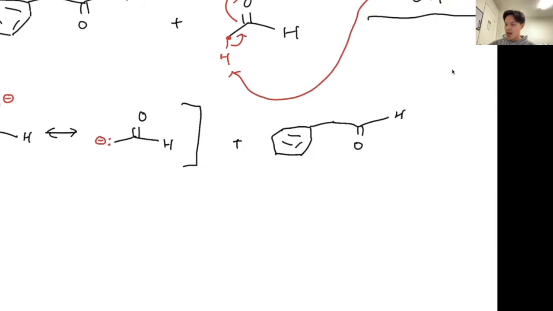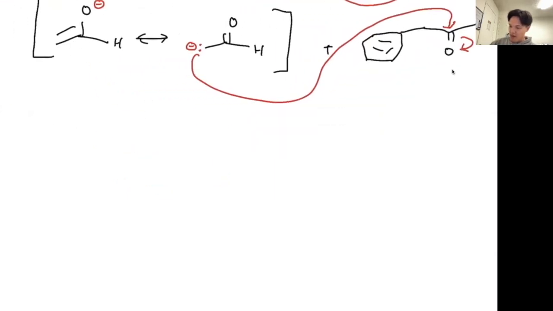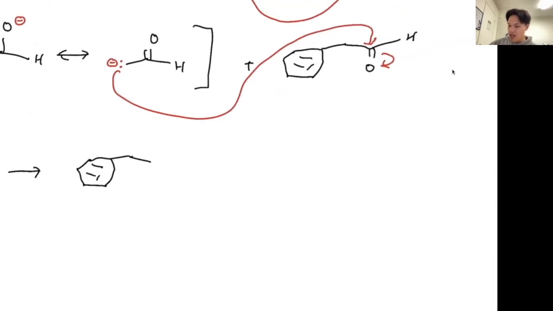And then now we can attack that carbonyl. And then let's see what we form over here. And then we added 2. Yeah, that looks right. We have 1, 2, 1, 2, 3.